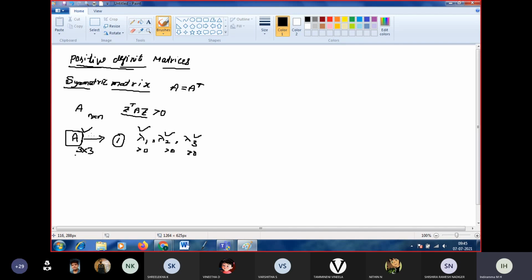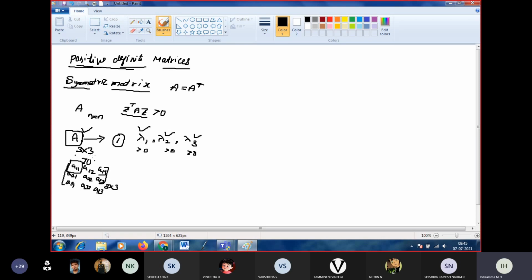Got it? Next, the first element of the matrix A should be positive. Suppose it is of 3 cross 3: A11, A12, A13, A21, A22, A23, A31, A32, A33. The first element of the matrix should be greater than 0.